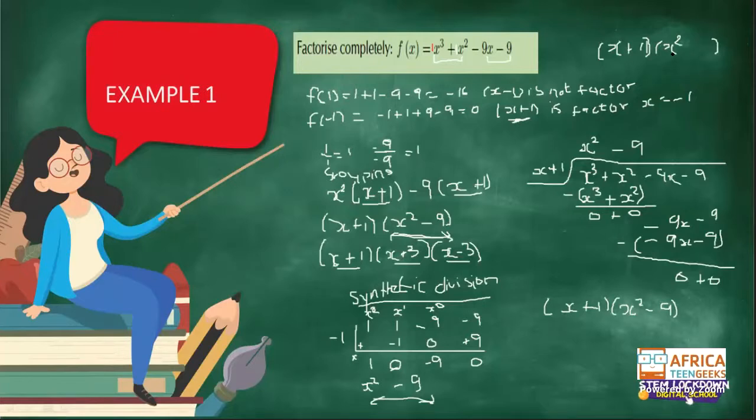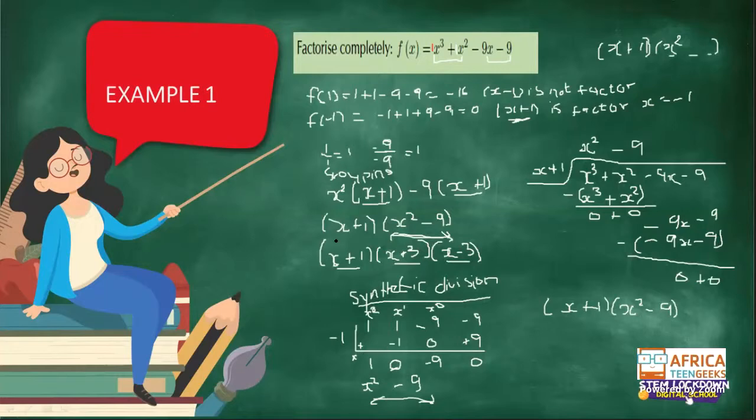So you'll have 3 terms on this side, so that when you multiply them, they give you this. So that's what we're trying to do when we find the x squared minus 9. Yeah, no, it makes sense, ma'am.